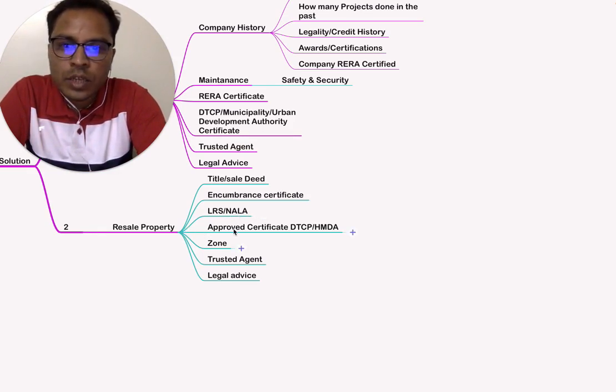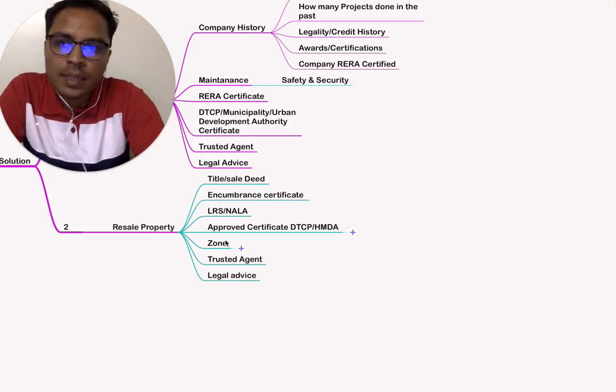You can also check if the plot has any approved certificates from DTCP, the urban development authority or the municipality. And check whether the property falls under a residential zone or an industrial zone.